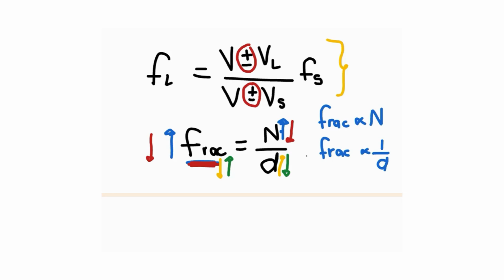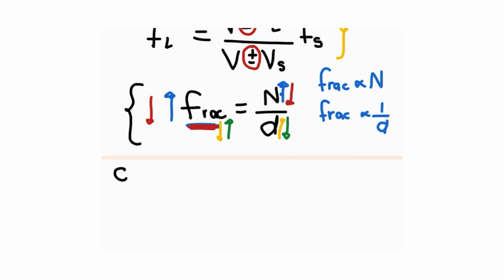Okay, I hope you're still with me, guys. Please make sure that you understand this part before we get onto the next part. So case one, or let me not say case, sounds heavy.